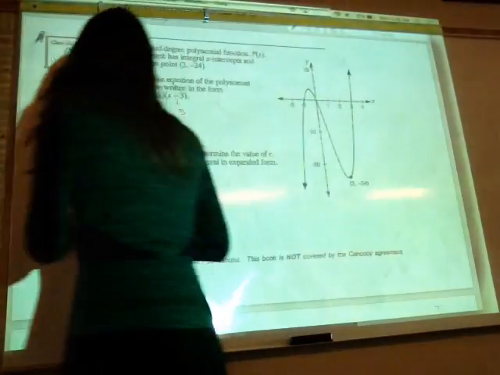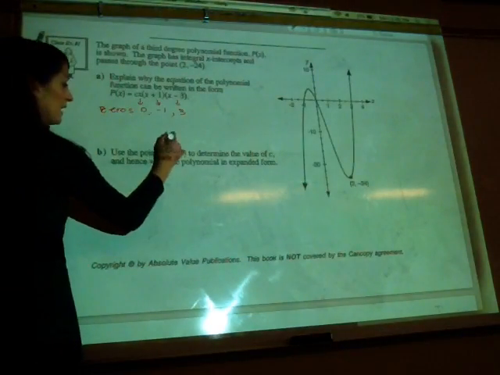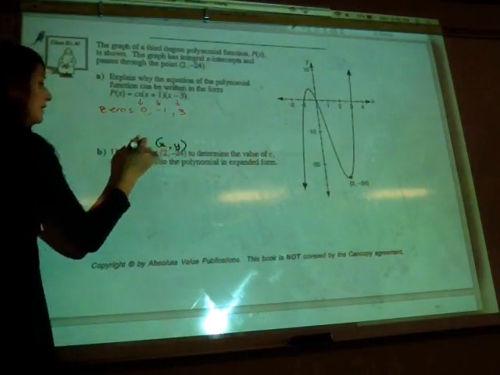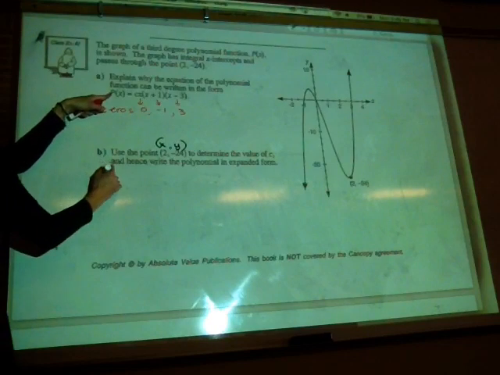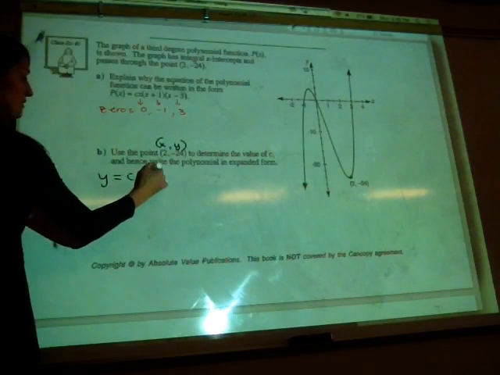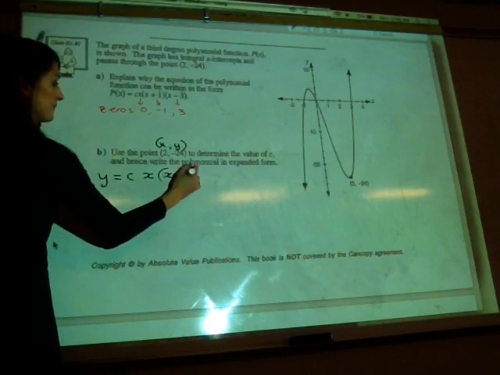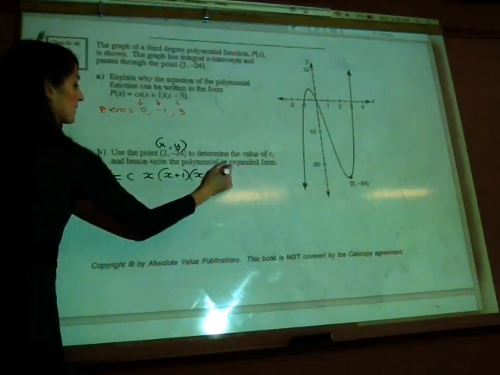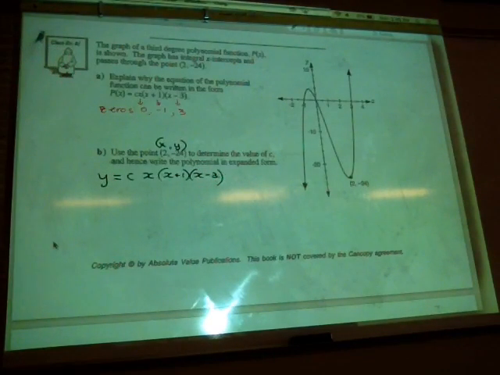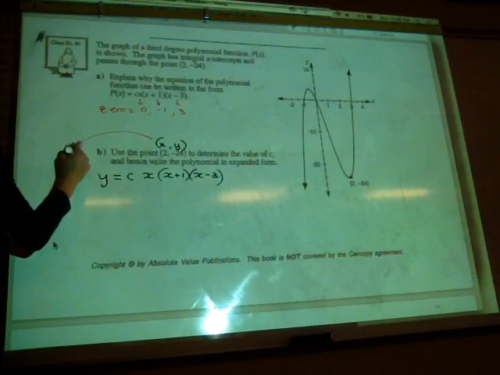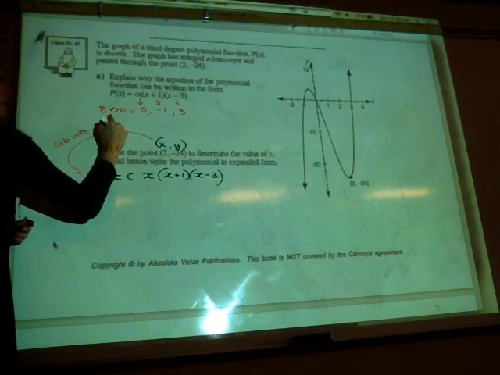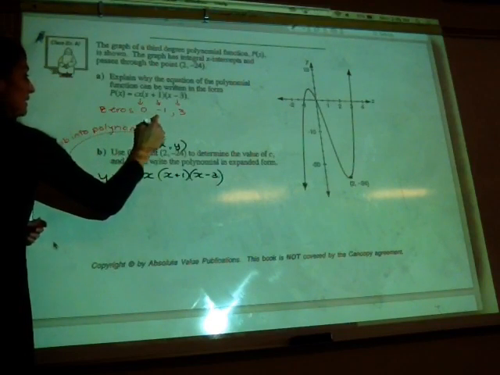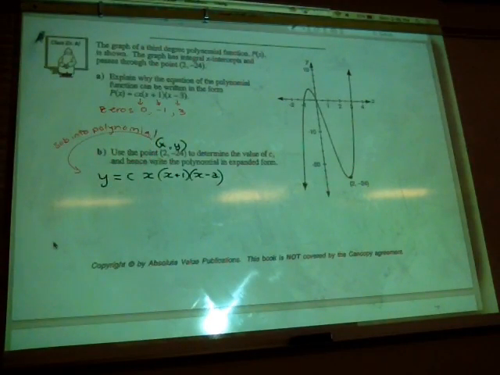Okay, so first let's recognize that a point is written as (x, y). And the polynomial p of x can actually be written as a y equals equation. So if we know the point is (x, y), we can sub that in to the polynomial.